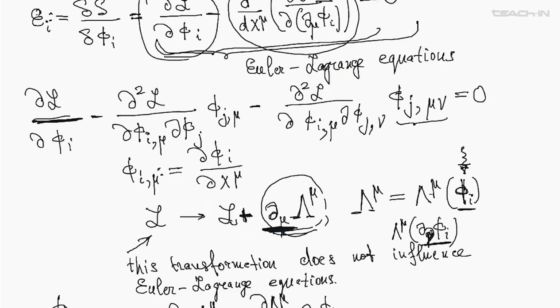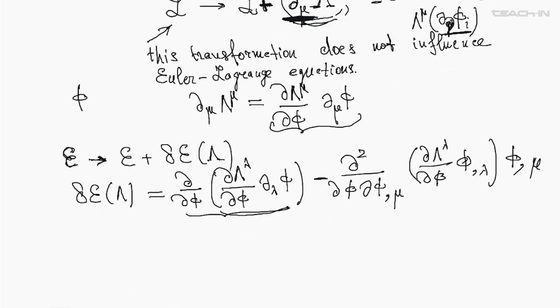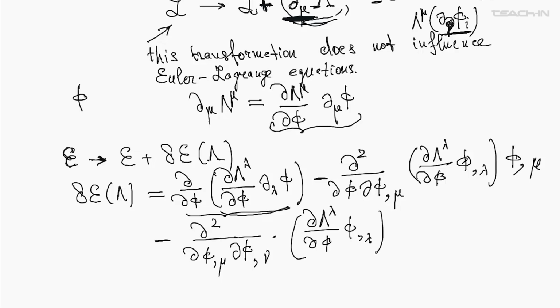And now the last one will be a second derivative, d phi comma mu, d phi comma nu, multiplied with d lambda lambda over d phi comma lambda, and multiplied with the second derivative of phi with respect to x mu and x mu.